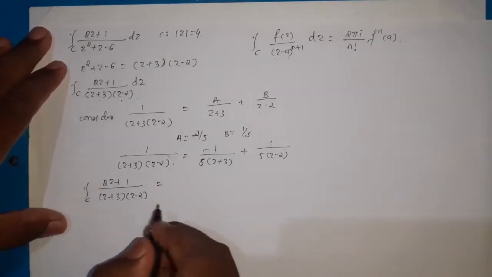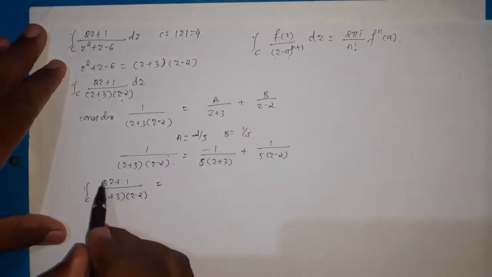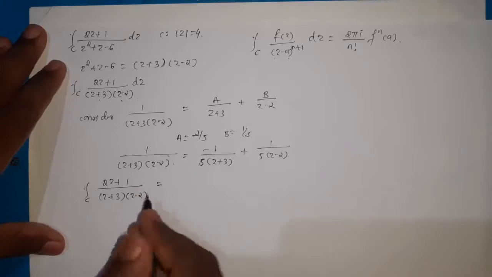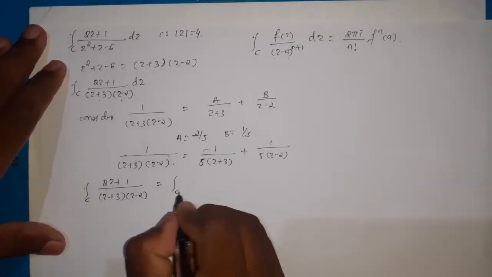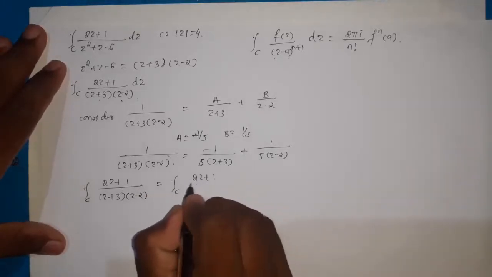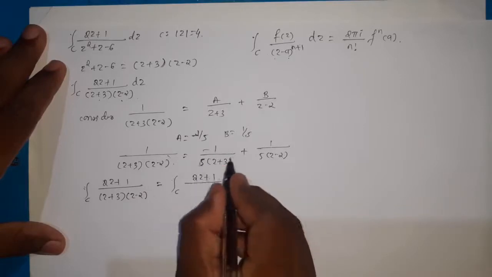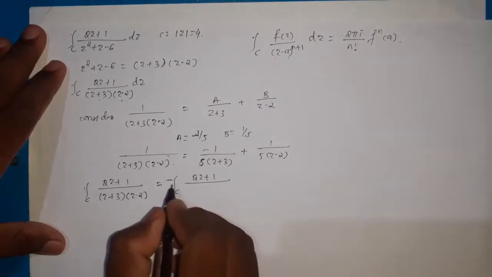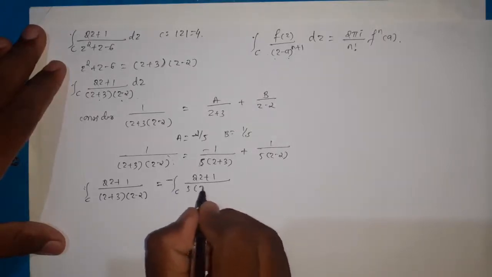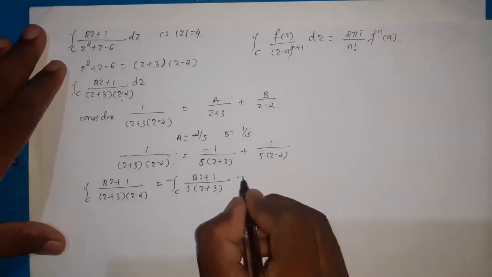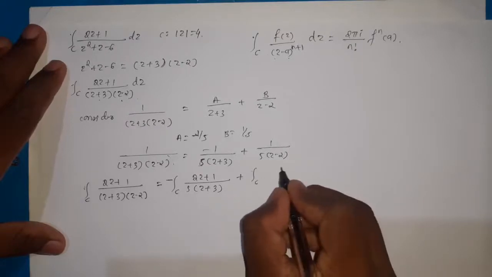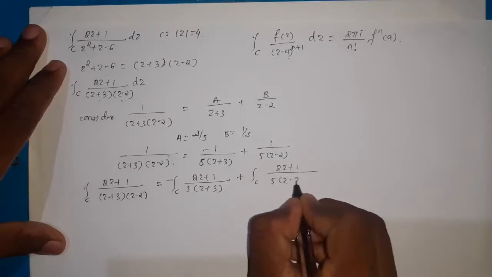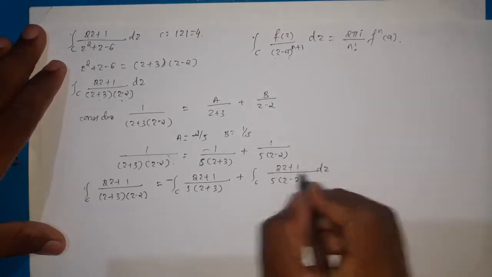So this can be written as, the numerator will remain as it is, that is 2z plus 1 only. Therefore integration over c (2z plus 1) divided by, put the term, here minus 1 is there, so I am writing minus, and 5 times (z plus 3), plus integration over c (2z plus 1) divided by 5 times (z minus 2) dz.